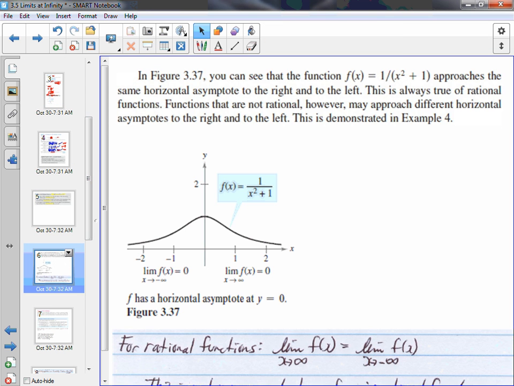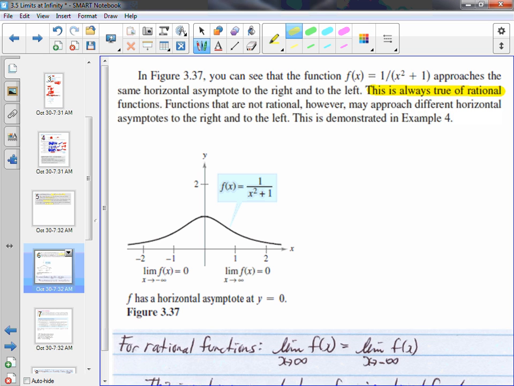All right, we're getting closer to doing a few problems. In this figure, which is at the bottom of page 201, you can see that the function approaches the same value to the left and to the right. That's nice to know.